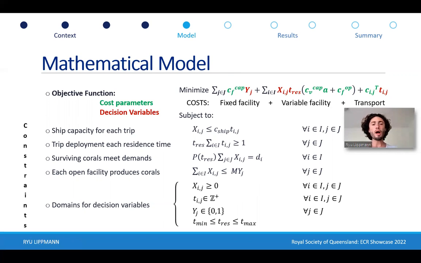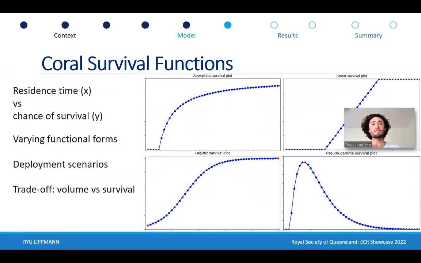So here we consider, why would we keep coral longer in a facility rather than getting them out quicker? And when is the optimal time to deploy them and start producing a new batch of coral? Some proportion of coral deployed will survive. And these functions relate the residence time in a facility on the horizontal x-axis to the chance of survival in the wild on the y-axis.